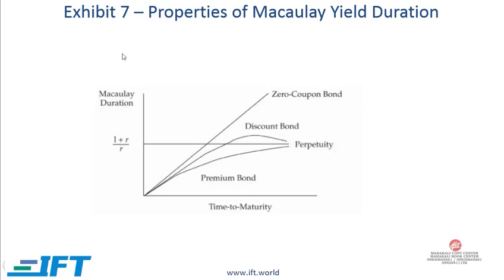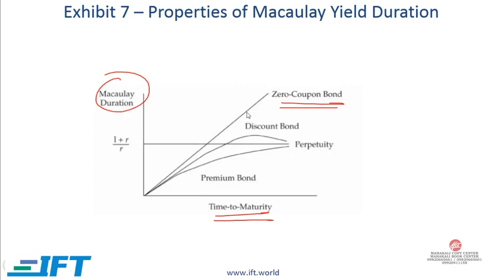This is Exhibit 7, and it shows the relationship between time to maturity and Macaulay duration. If we take a 0 coupon bond, then bonds with higher time to maturity have a higher duration. In fact, this is a 45-degree line. So a bond which has a time to maturity of 5 years will have a Macaulay duration of 5.